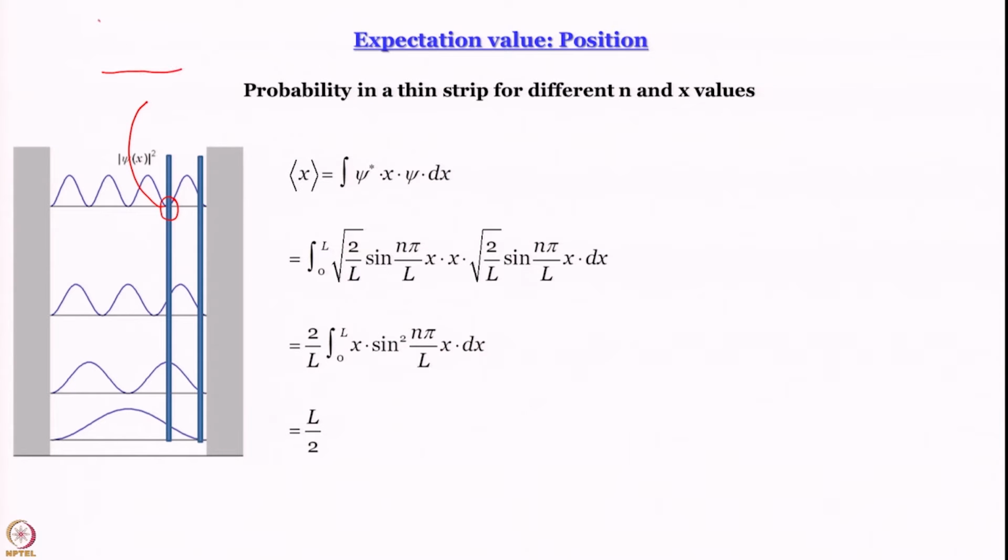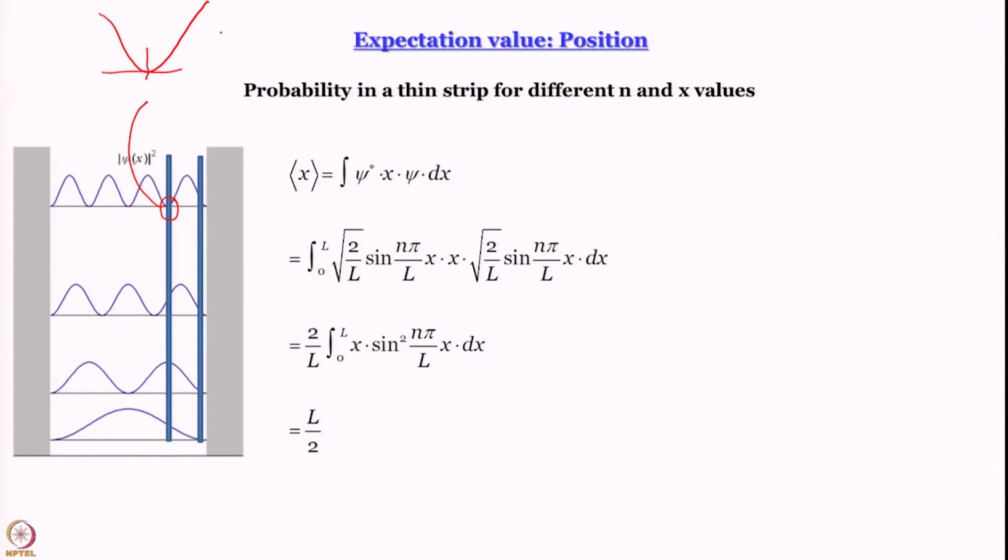What does the wave function look like? I am now zooming in, something like this. Only at this point, not at that point, let us see if I can get the right point here, only at this point, psi is equal to 0, but the strip has a certain width, right.